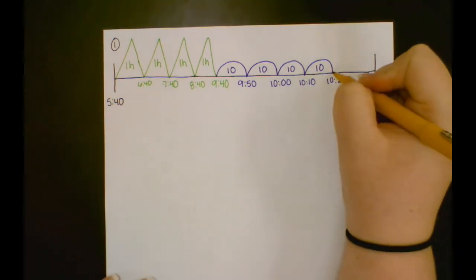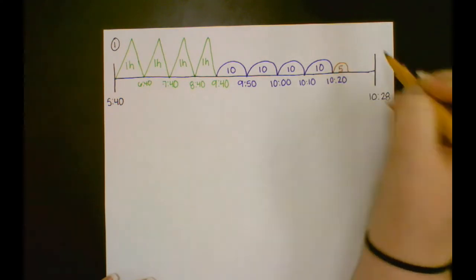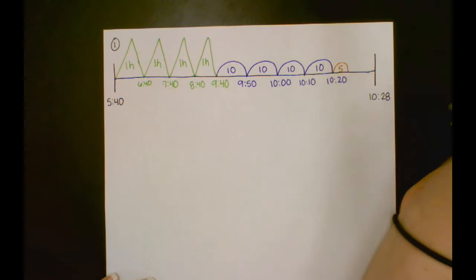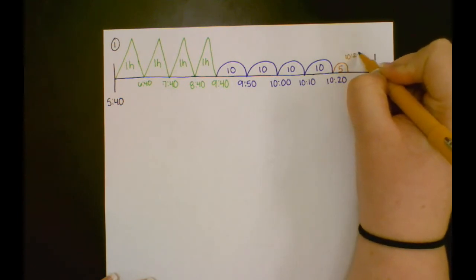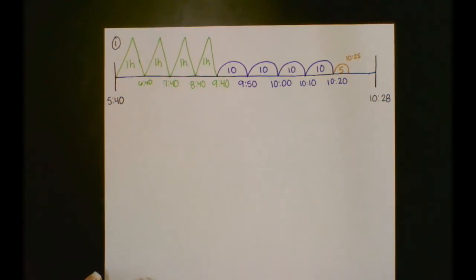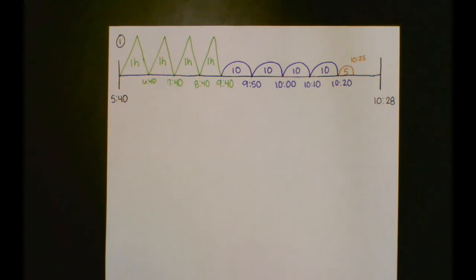Rocks are worth 5. So we know that time, it's going to be hard to write, and it's okay, would be 10:25. Then they know they can't do any more rocks, because our time would be 10:30 if we did another rock.